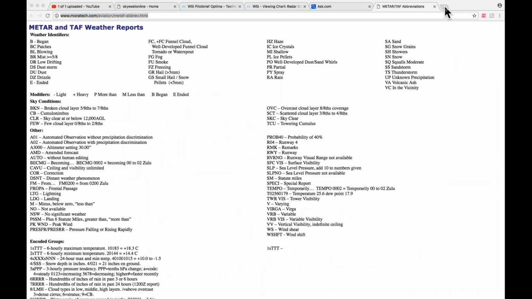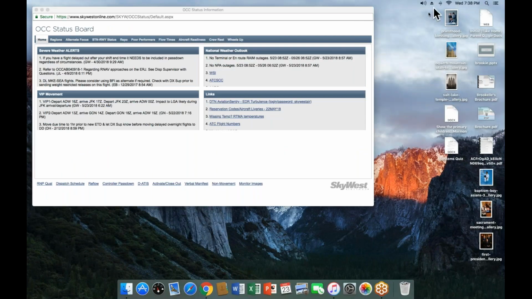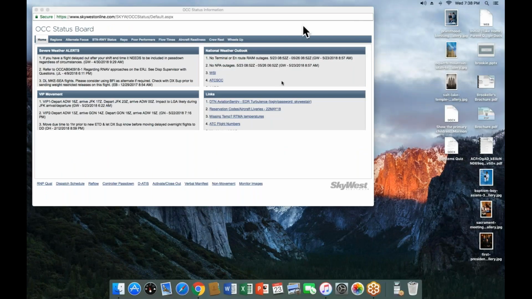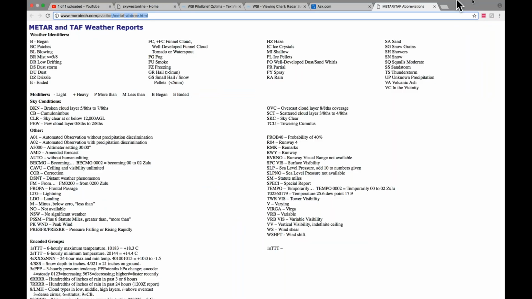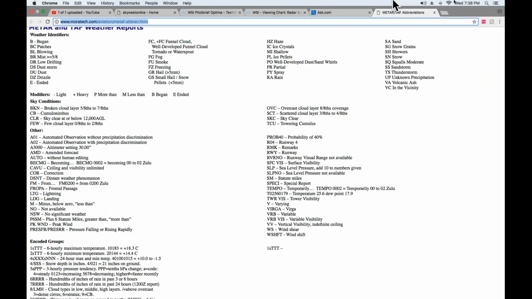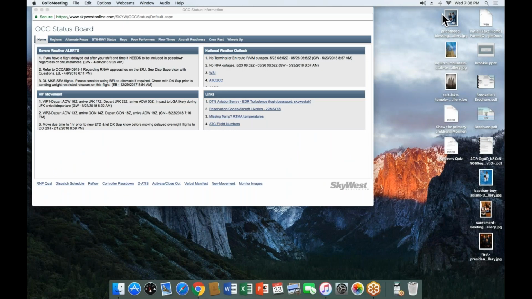Well, I'm gonna post a page that I like. This program drives me nuts sometimes.